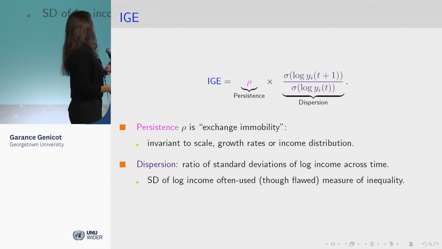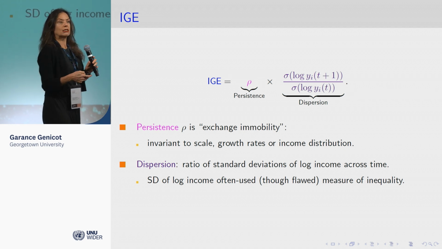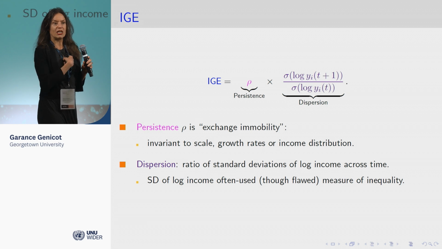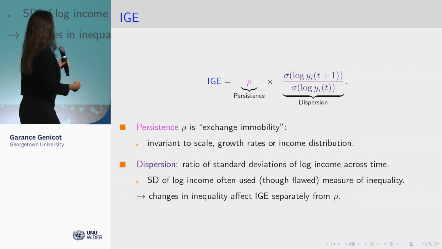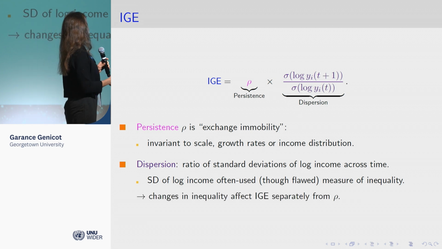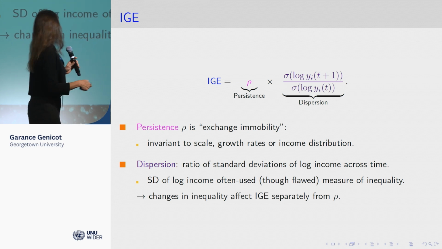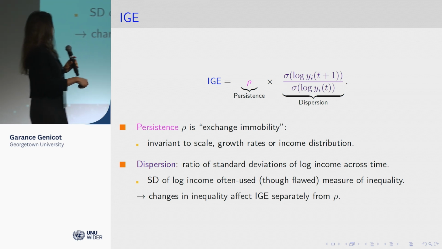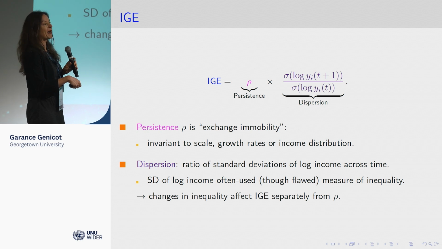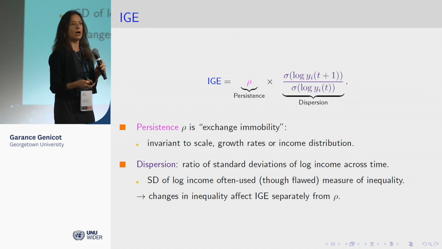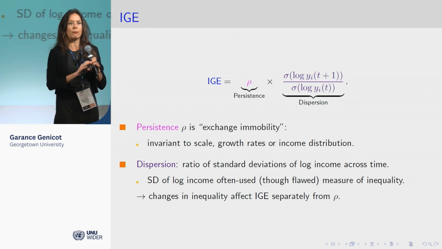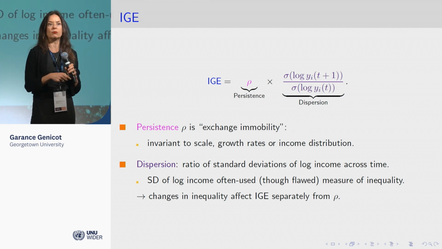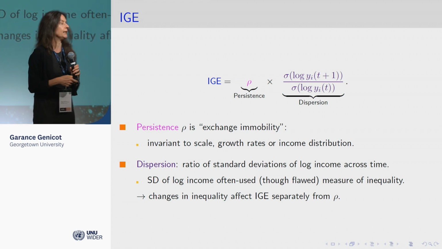Which, we're going to see, is going to be closer to the measure of upward mobility that we developed with Deborah Jouet. And this means that change in inequality is going to affect the IGE separately from the correlation or the exchange mobility. And maybe we want to distinguish between those two things more clearly.